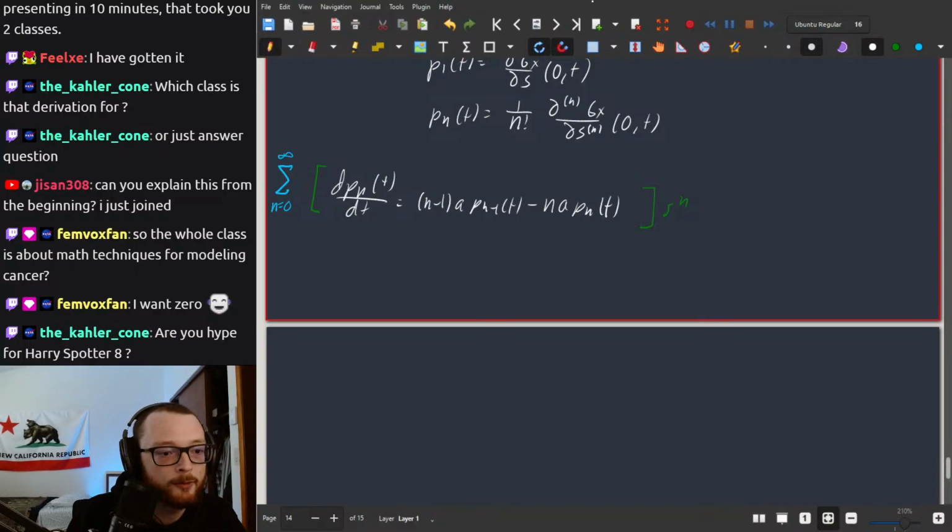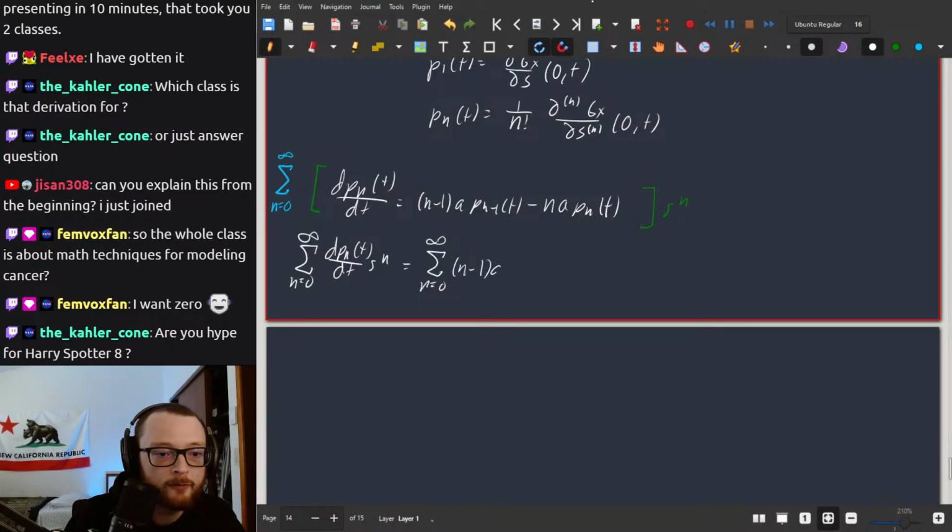So what we end up with is the sum from n equals 0 to infinity of dp_n/dt times s to the n, equal to, and I'll split the right side up into two different summations.